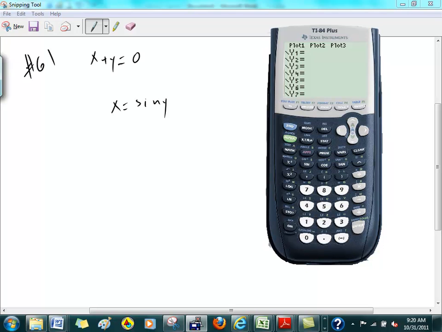So you got y equals negative x. The first one's going to be this guy, the second's going to be sine inverse of x. And it doesn't tell you what domain to use, so I'm going to window this from 0 to 2 pi.